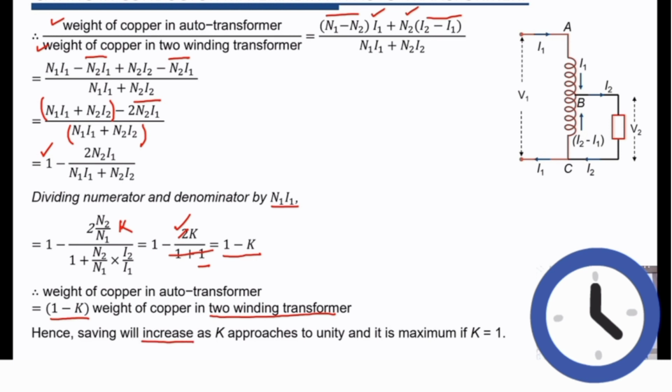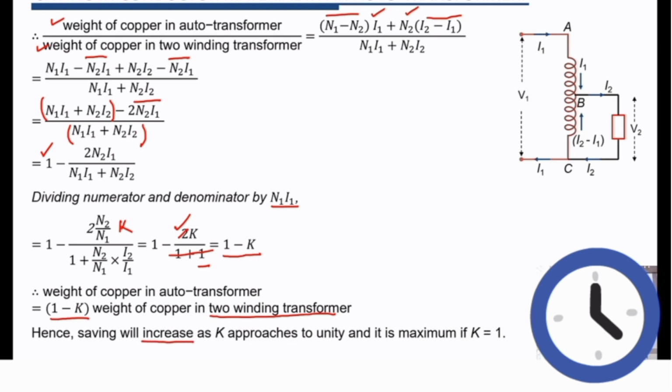By dividing both terms, we get the answer 1 minus K into the weight of copper in the two winding transformer. That is, the auto transformer saves copper in 1 minus K terms, multiplied by the amount of copper used by the two winding transformer. So the saving will increase in the auto transformer. So K is equal to 1.